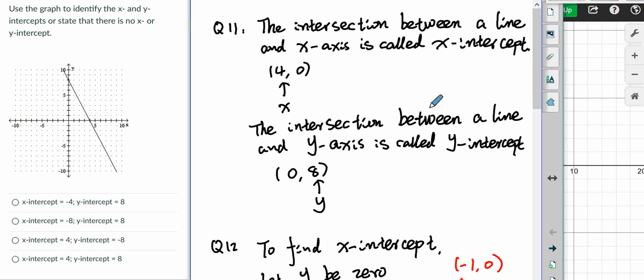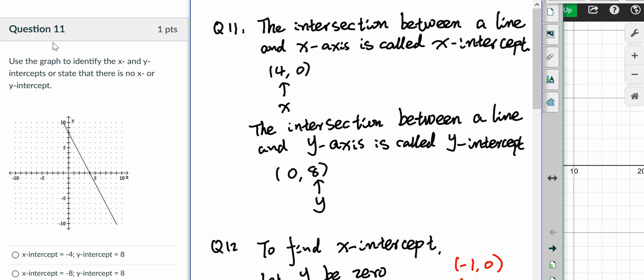Sometimes a line intersects at the origin. That's possible. So in this case, both the x and y intercepts are 0. Actually, there are a lot of cases. Okay. Now, that was question 11.